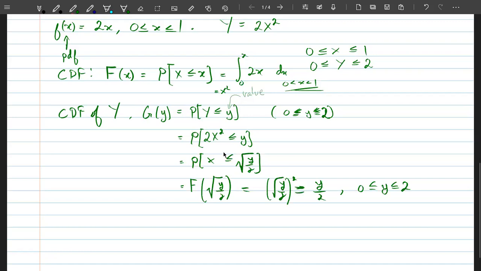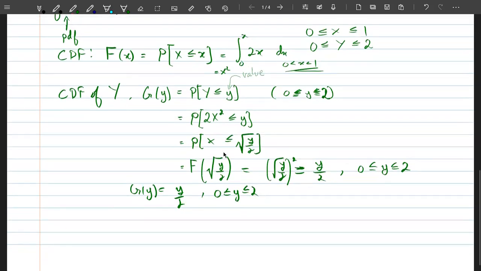Okay, so we have G of y is y by 2 for this range, but what we want is a PDF.